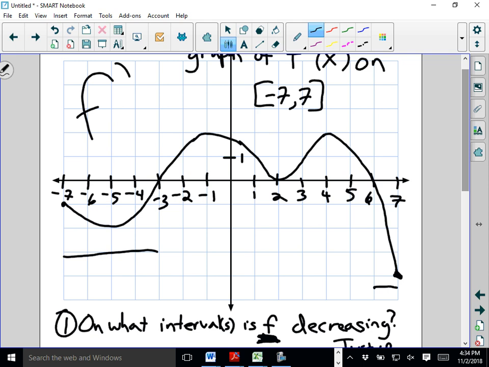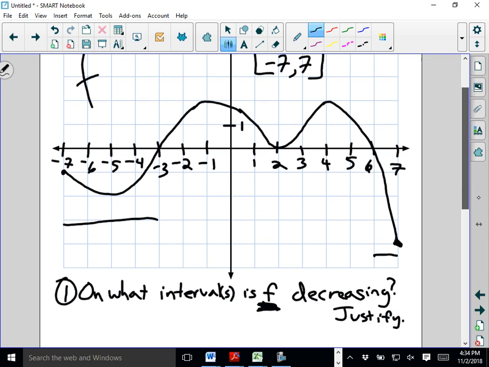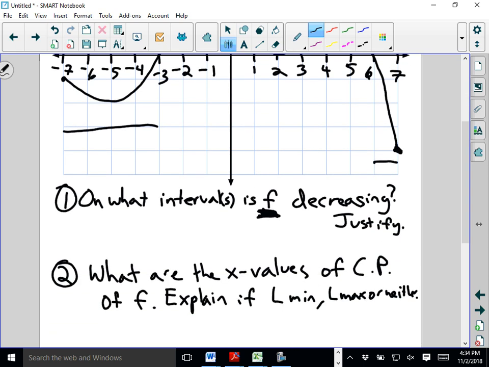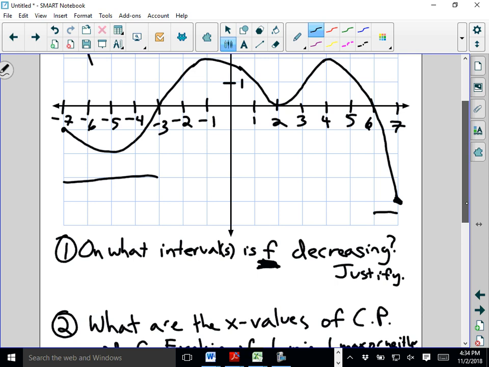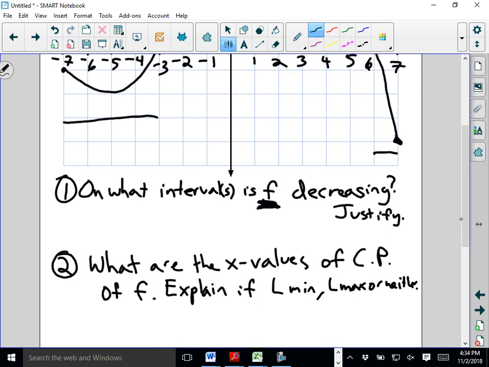So here's what we say. At what intervals is f decreasing? I'm going to say from -7 to -3, union 6 to 7. I'll write f is decreasing on that interval.